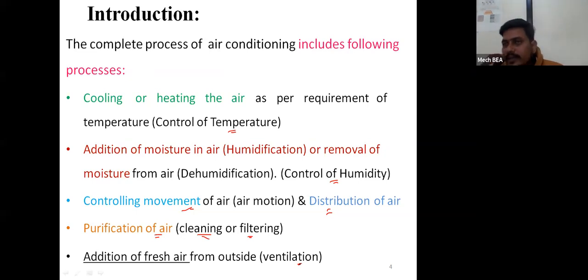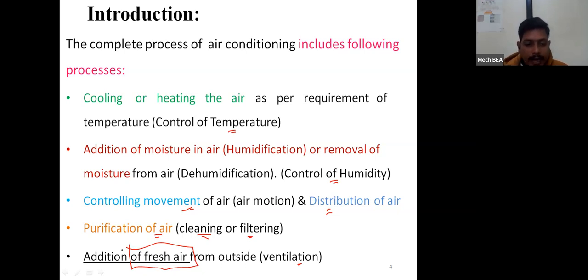You might have observed that some people feel uncomfortable or get a headache if they sit continuously inside an AC. Why is this so? If there is an inadequate supply of fresh air inside that conditioned room, there will be a headache for that person.